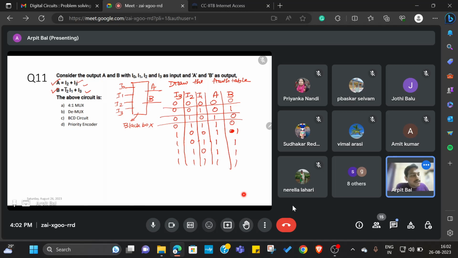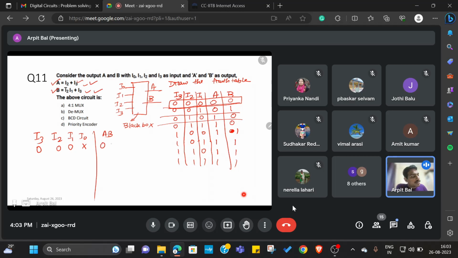So let me reduce this table a bit further, and now let me include I0 as well: I3, I2, I1, I0, A, B. When 0, 0, 0 arises, because I0 is not present, it doesn't matter whether I0 is 1 or 0, because it doesn't play any role in these two equations.